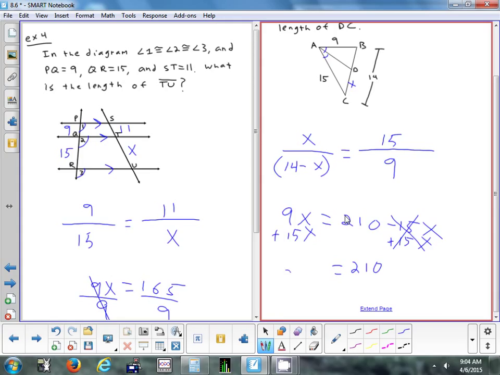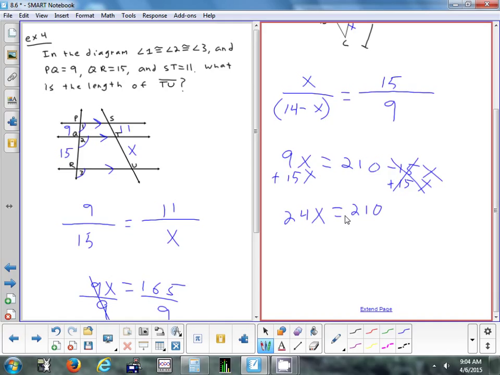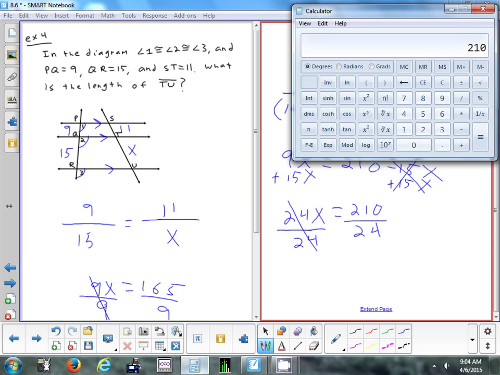Good, 24x. Okay, and Marquise, my last step to get x by itself. Divide by 24. Yep, perfect. Divide by 24. Okay, so you should get about 8.75.